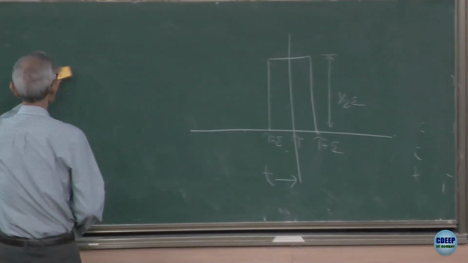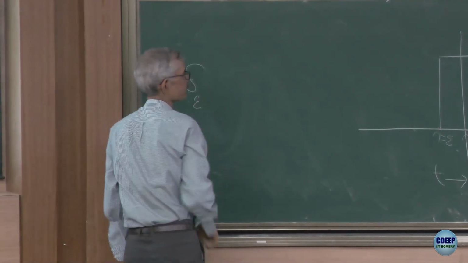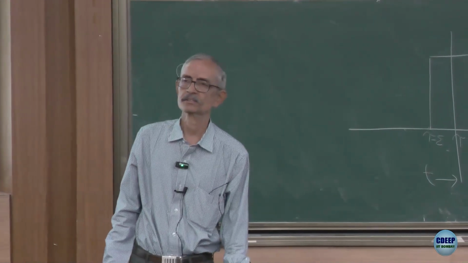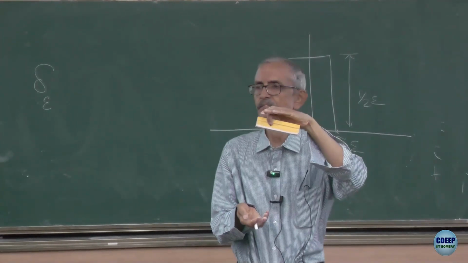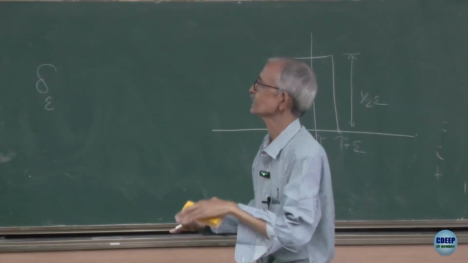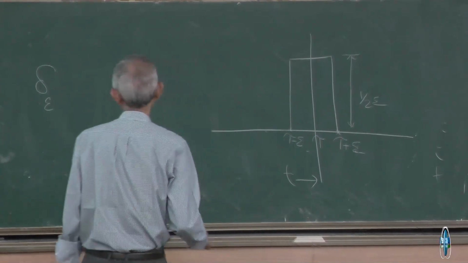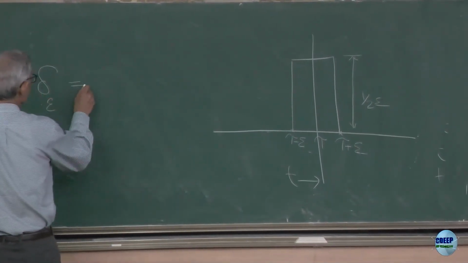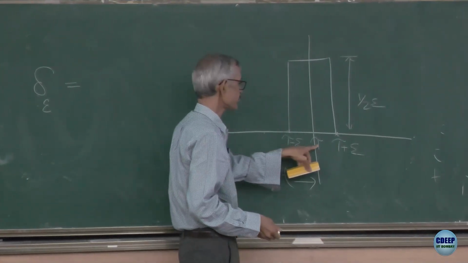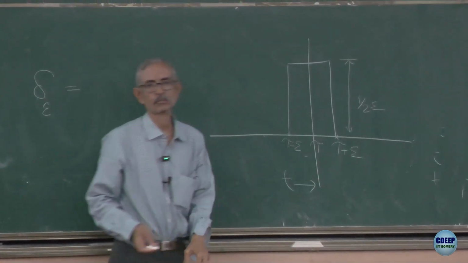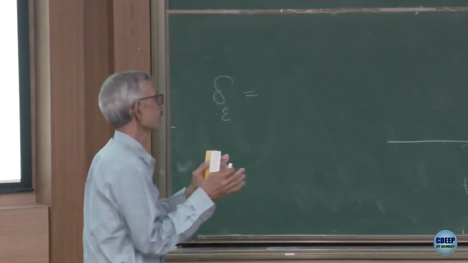So you define something called a unit impulse function, which is a function that has an area of unity. This function exists only between tau minus epsilon and tau plus epsilon, and nowhere else.